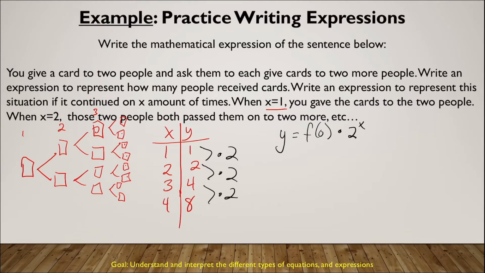But I just need my f of 0 now. So this would be 1/2. Because my f of 0, I'd have to go one more this way. So I'd divide 1 by 2, right? So you get 1/2 times 2 raised to the x power. And that would give you your expression.